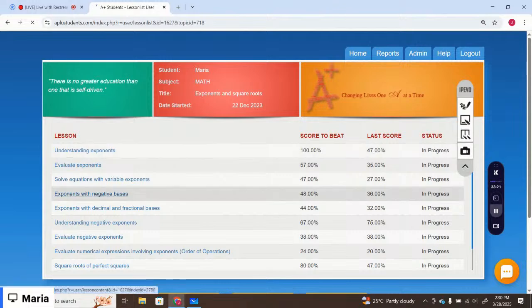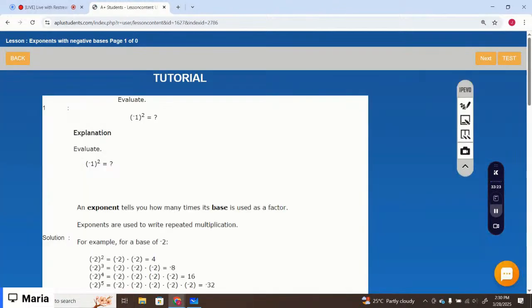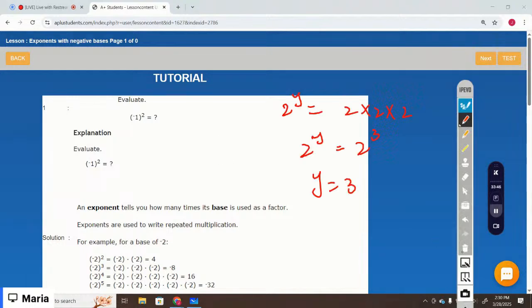That is exponents with negative bases. Negative 1 squared. That is negative 1 times negative 1.